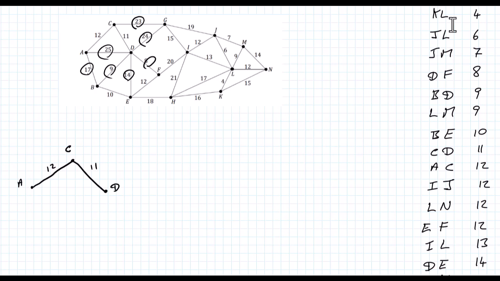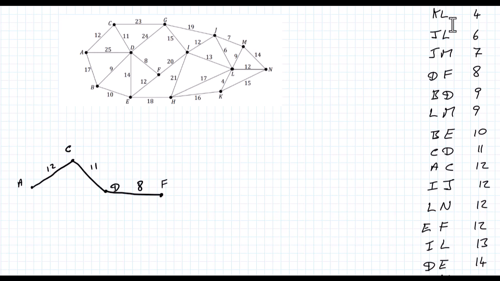Now the smallest one there is 9, but just a point here that the smallest is actually 8 from D to F. So what I'm going to do here is use that one, but just a note here, I mentioned 25 here, that actually goes back to A, and that will cause a cycle, so we can't include that anyway. I'm not allowed to use any cycles when creating this minimum spanning tree. So I'm going to go from D out to F, and that gave me 8.